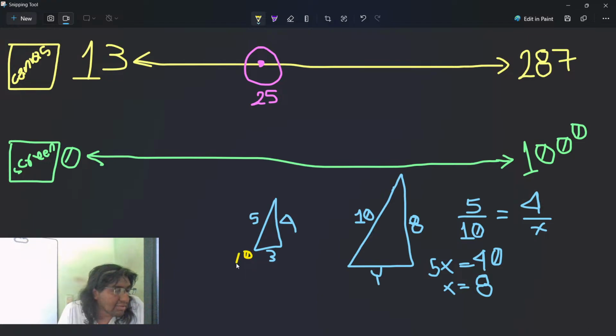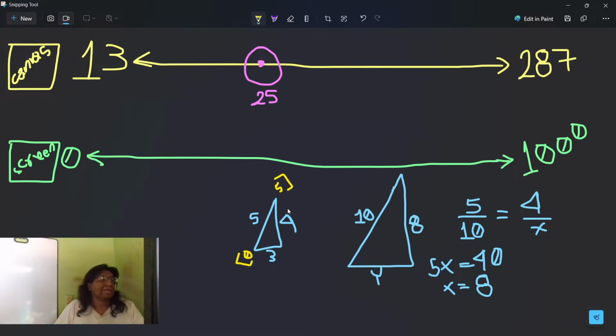Yeah, it is like the point is contained. There's a range of numbers. 5. Okay.